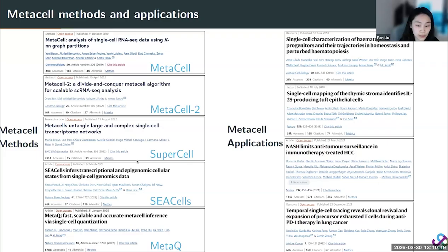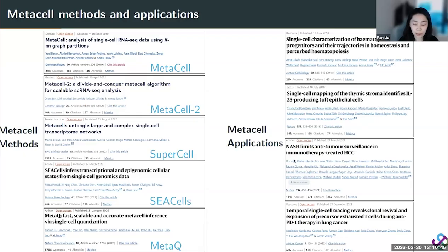And there are also SuperCell, SEACells, published in 2024 and 2023, and the most recent MetaQ, published last year. Besides these 5 general methods, we also found that metacells have been used in many in-house data analyses published in high-impact journals like Nature.